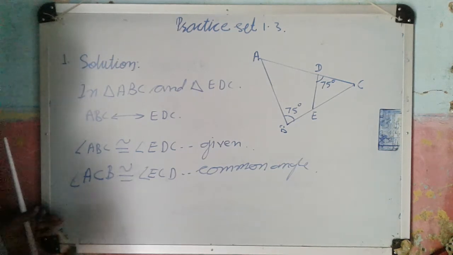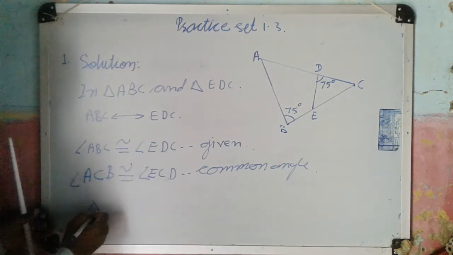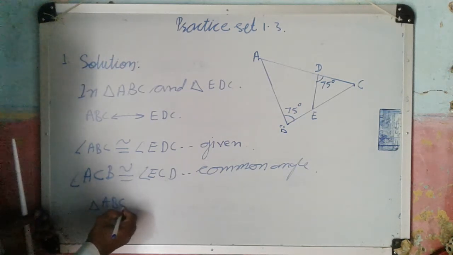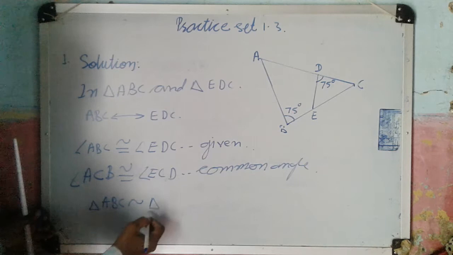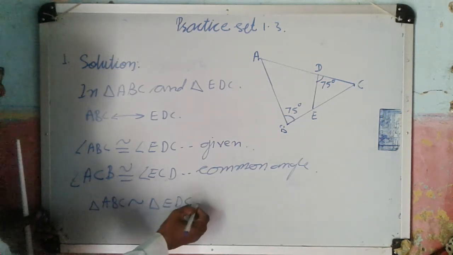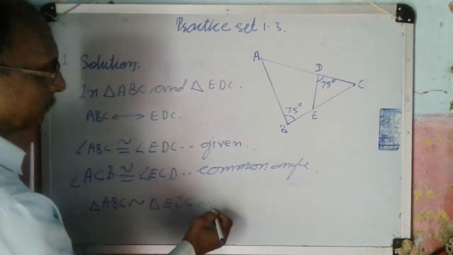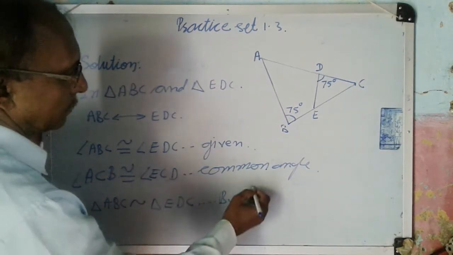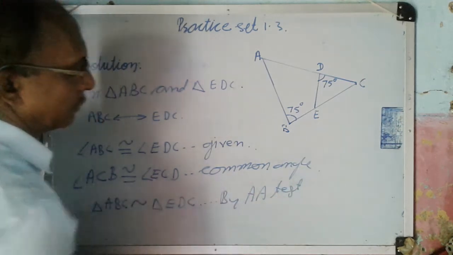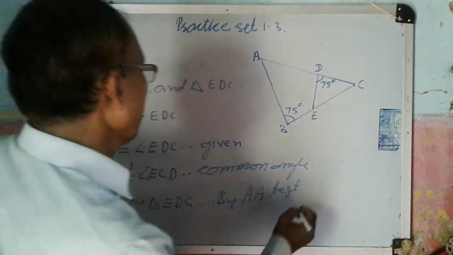Therefore triangle ABC is similar to triangle EDC by the AA test of similarity.